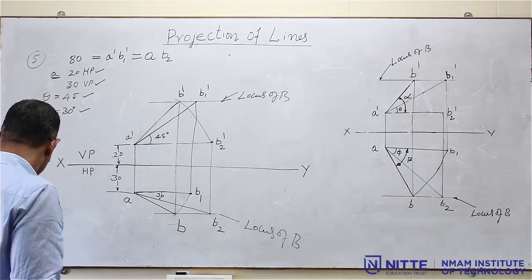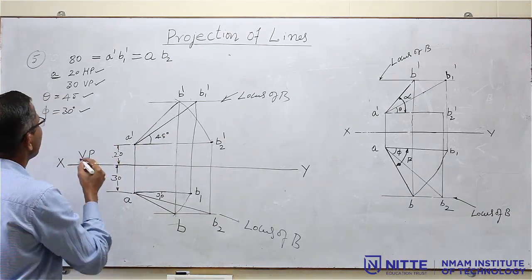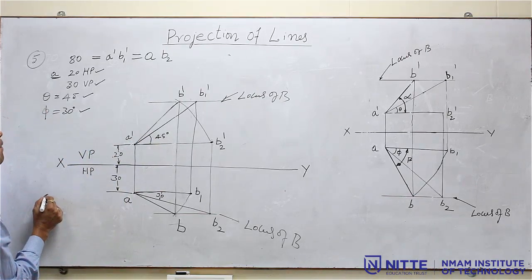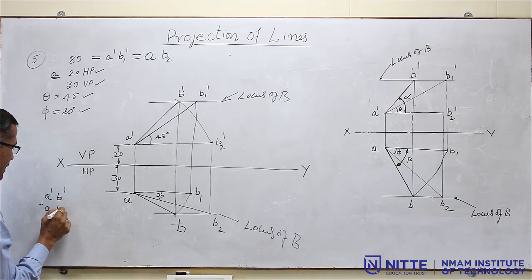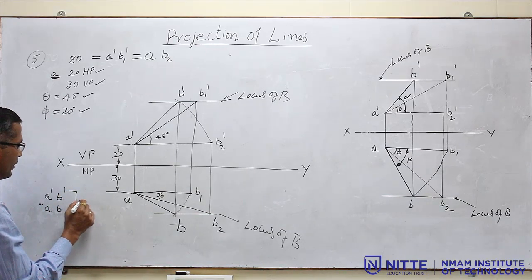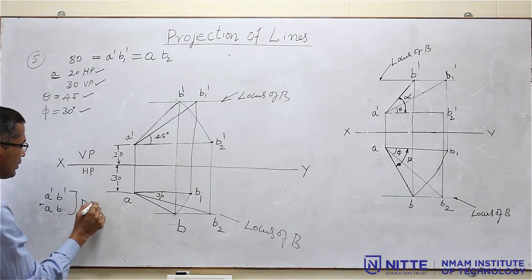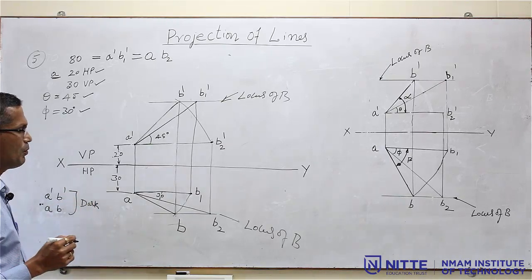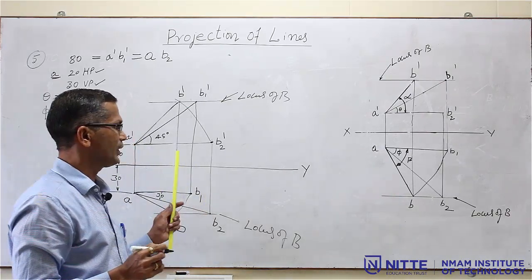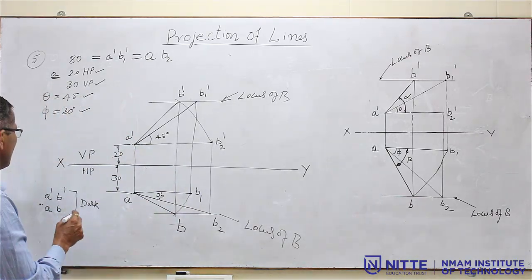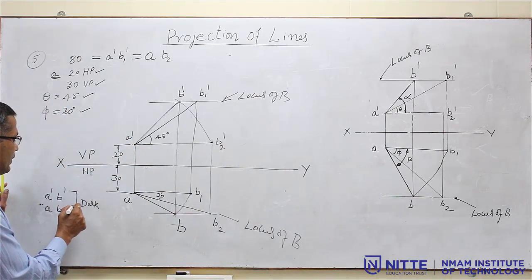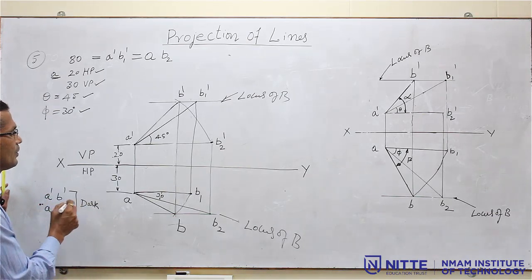Now here the lines A dash B dash and AB should be dark. In computers it will be very clear, they will mention the line thickness for various lines, but in manual drawing we use the HP pencil for a dark line.